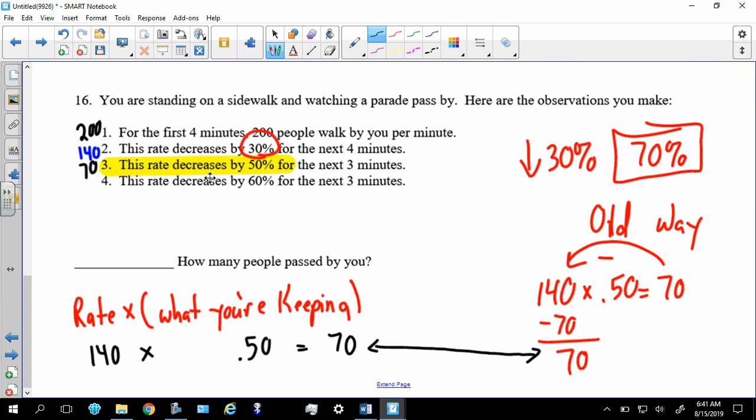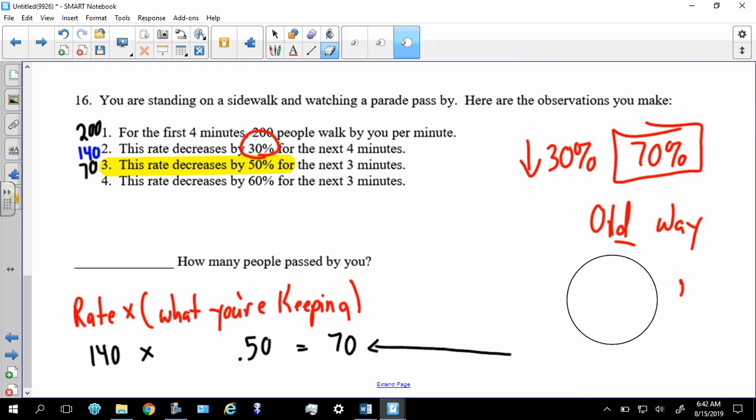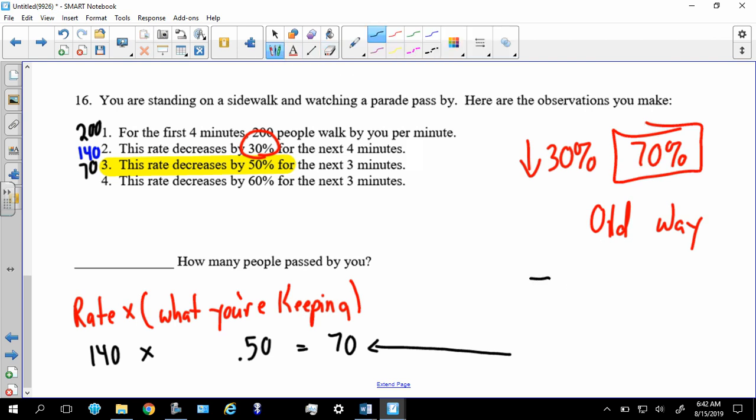This rate now decreases by 60%. Again, the old way for step number 4, you would say, okay, 70. I'm going to times that by 60%, and when I do that, I believe I get 42. Then I take 70 minus 42, that gives me 28.